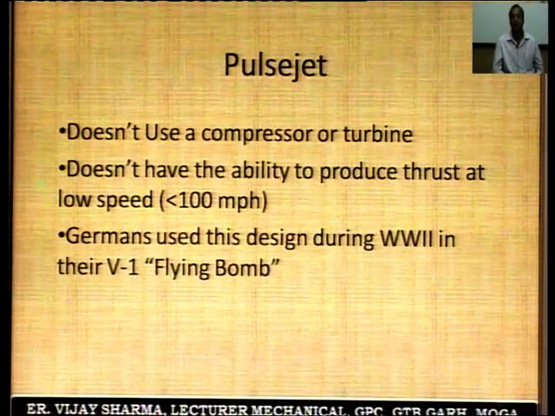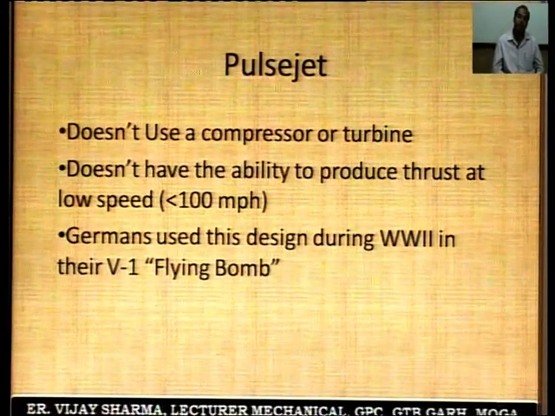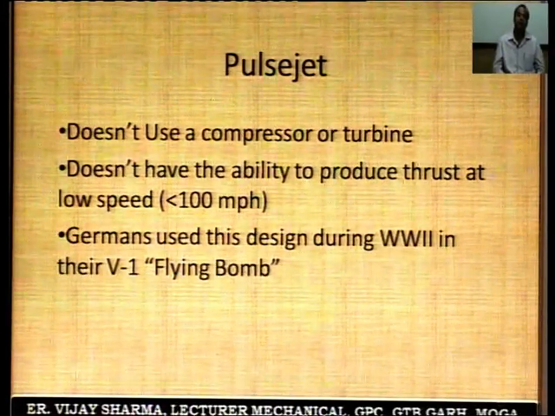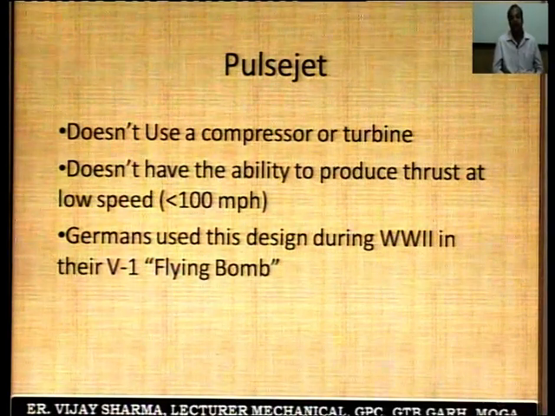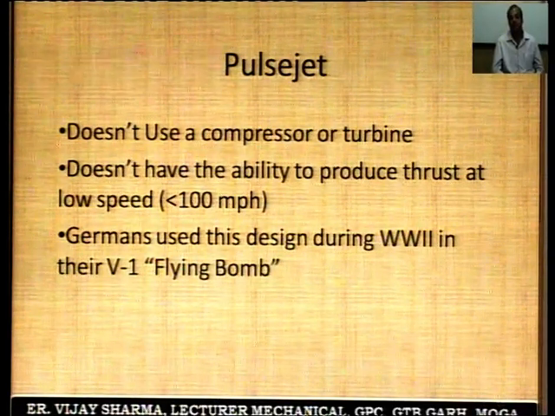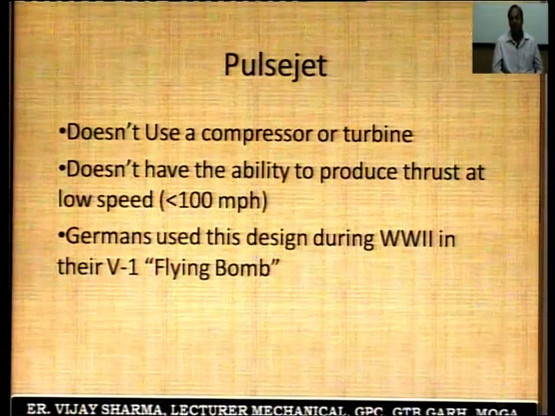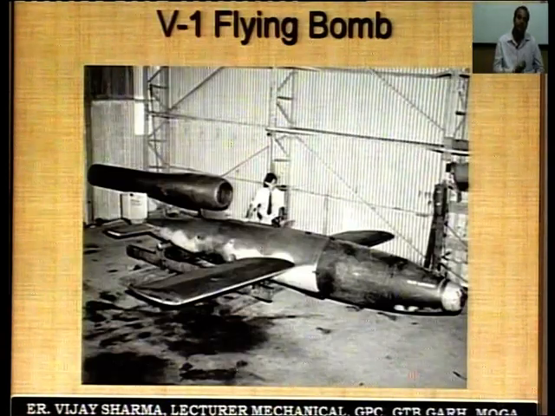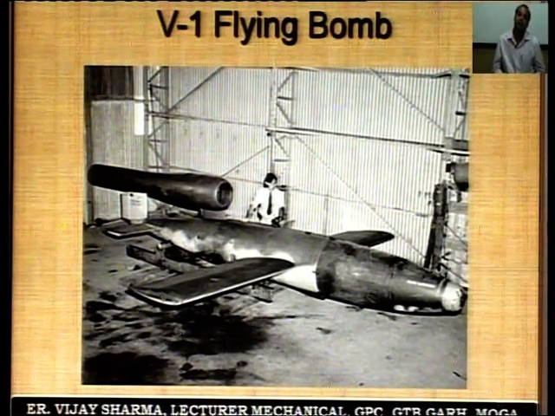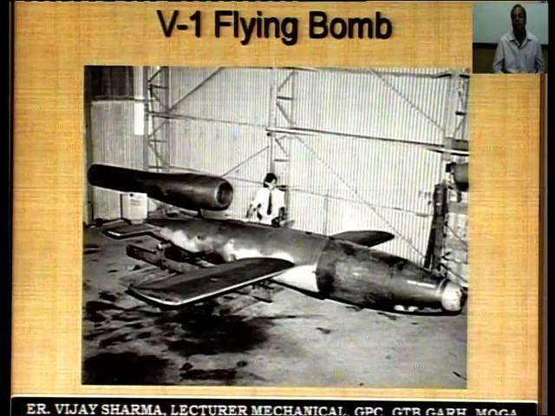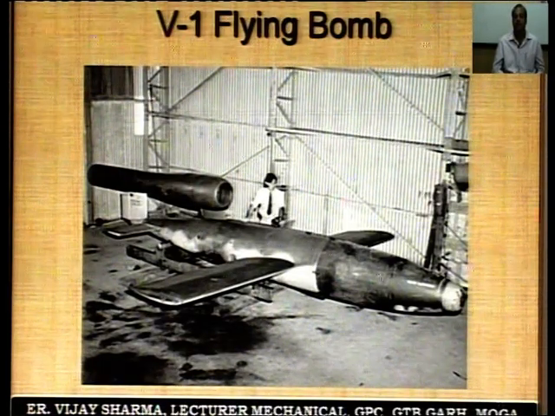It is also one of the major advantages. The Germans used this design during World War II in their V1 flying bomb. This is an example of a pulse jet engine. This is the actual picture of the V1 flying bomb, which was used in World War II.